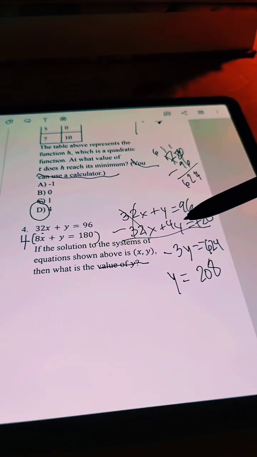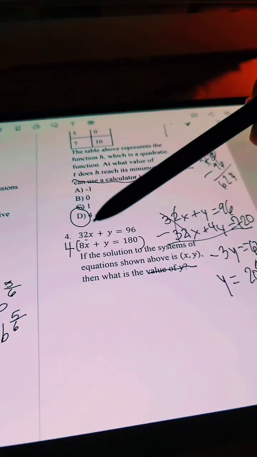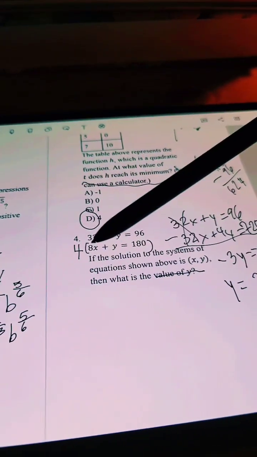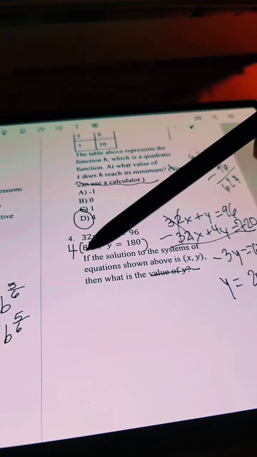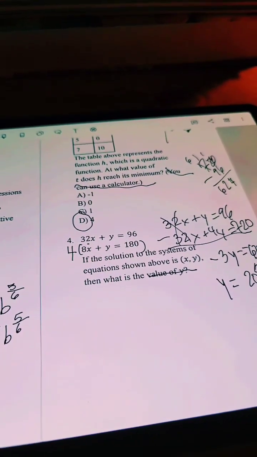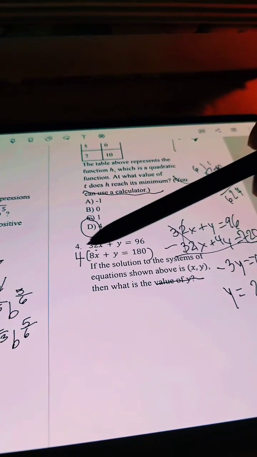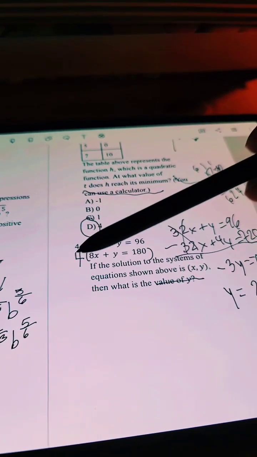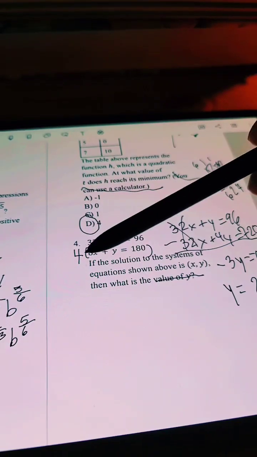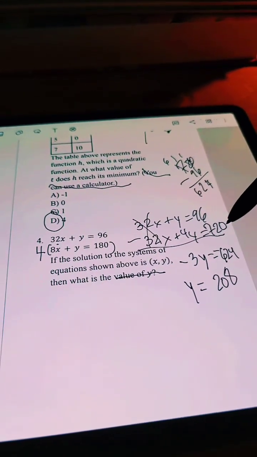I don't get how you got the 4y part. I can't just decide to multiply the x portion, because then I'm just changing one portion of my equation. It's not maintaining the same equation when I do that. I have to multiply every single portion by the 4. So I did 4 times 8x, 4 times y, and 4 times 180.